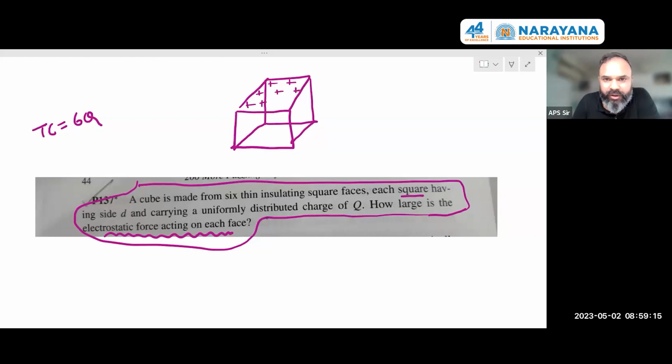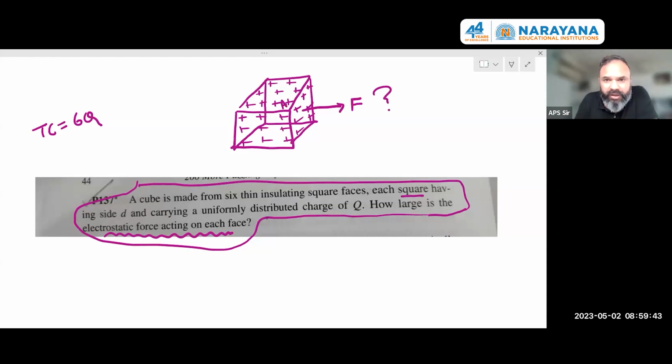Just to give a glimpse of distribution of charge, those faces will be hidden. So you'll see something of this sort and similarly something like this, right? Now, let us focus on any one of them, any one of the faces. Let me say that if this face experiences a force F, the question is, what is this?